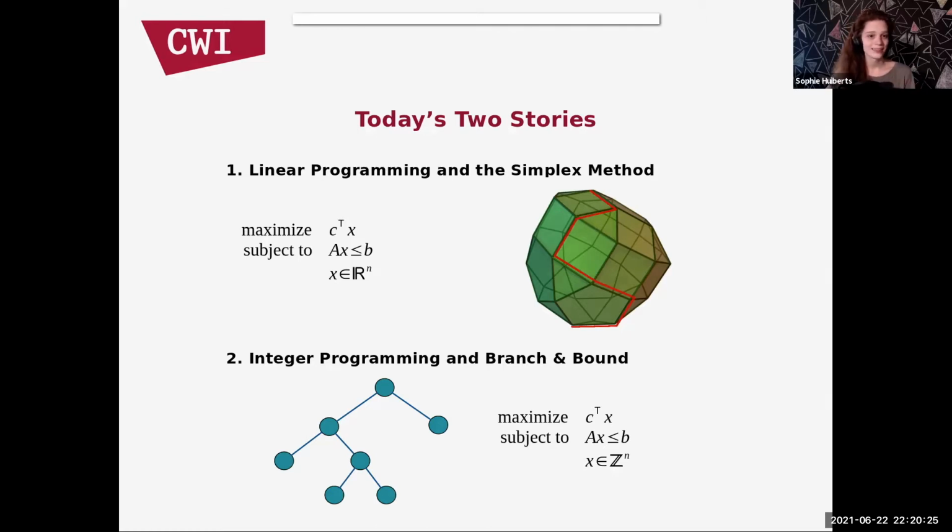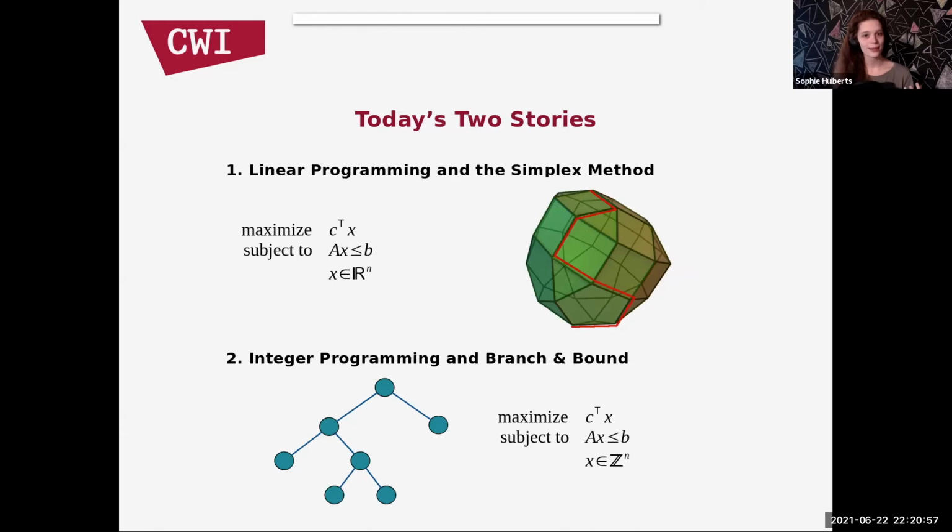Now, the task here is to find a solution that satisfies all of the constraints and has the best possible objective value. Furthermore, we would like a proof that the solution we find is in fact good. So if you find a problem that fits in one of these forms, then modern off-the-shelf software will give you a good solution to your problem.